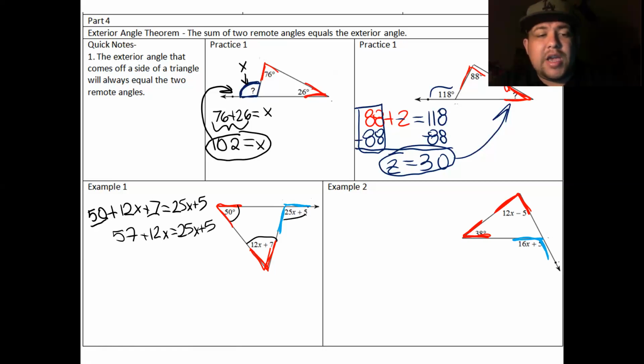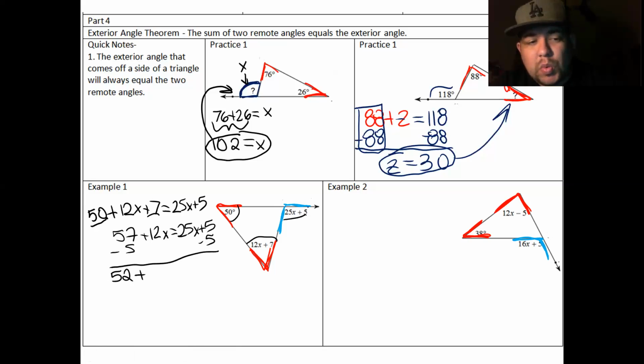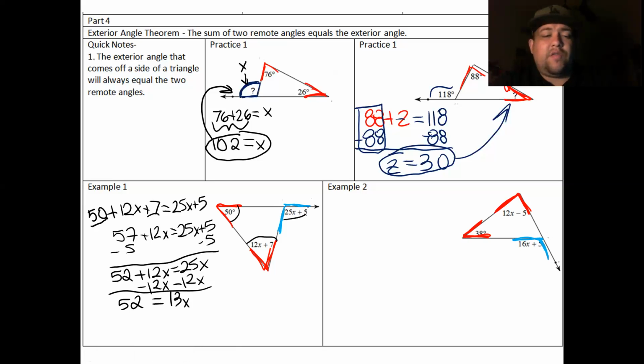I'm going to bring all my numbers to the left side, so I'm going to subtract 5 from both sides. I'm going to get 52 plus 12x is equal to 25x. I'm going to move my smaller value of x over to the other side. I'm going to be left with 52 is equal to 13x.